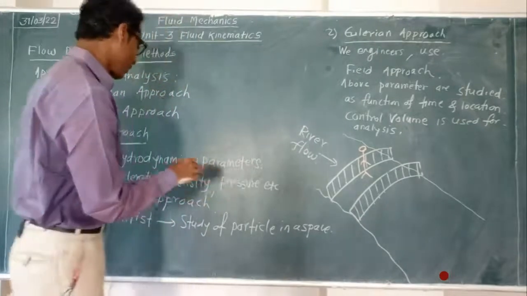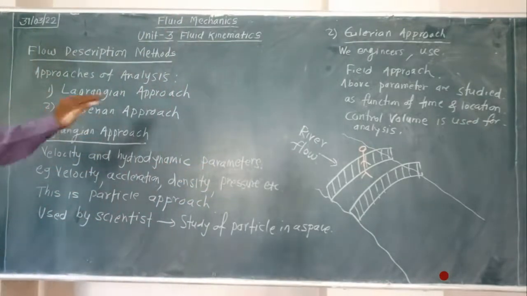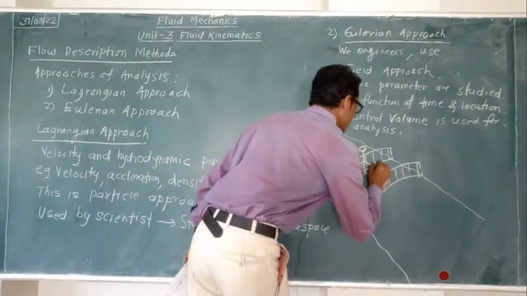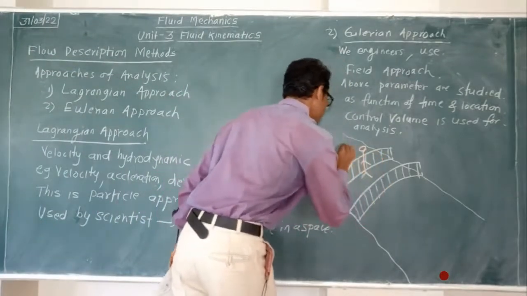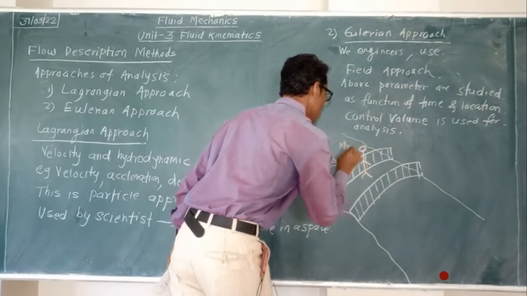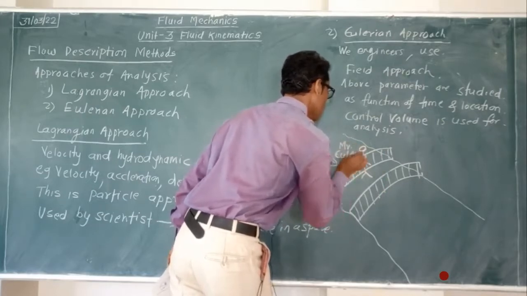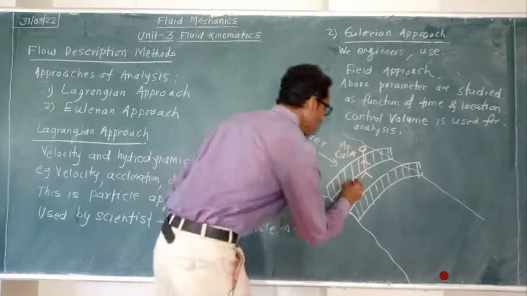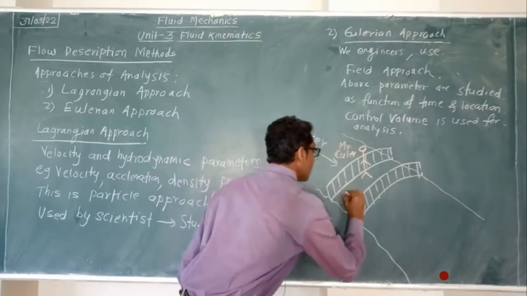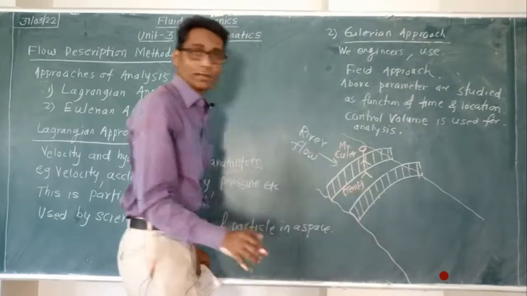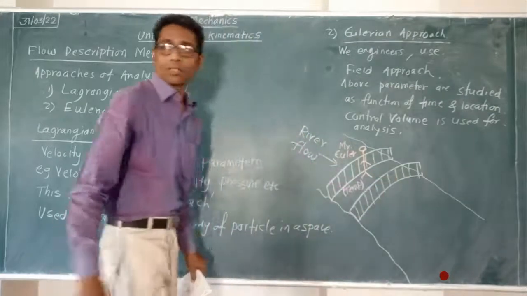For example, we are taking the parameter as the temperature of water. So here he is observing, Mr. Euler, and which parameter? For example, temperature. Temperature of what? Temperature of water which is flowing.